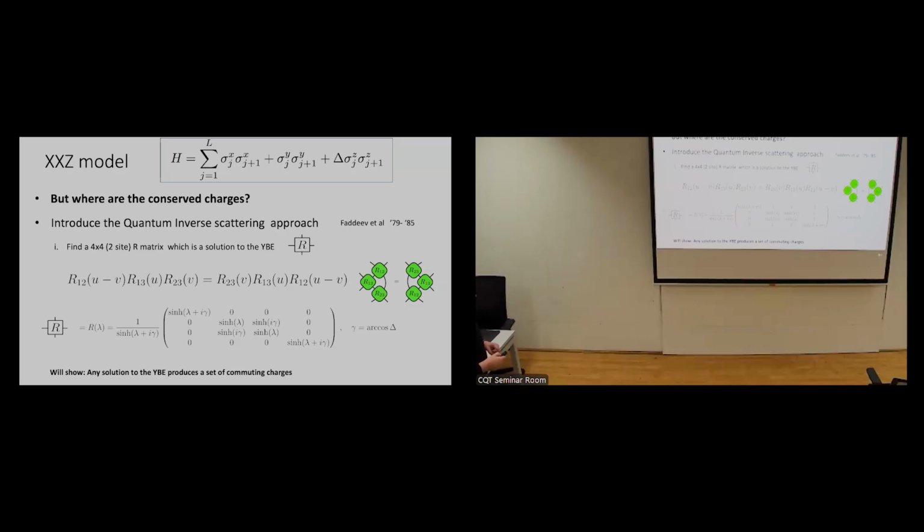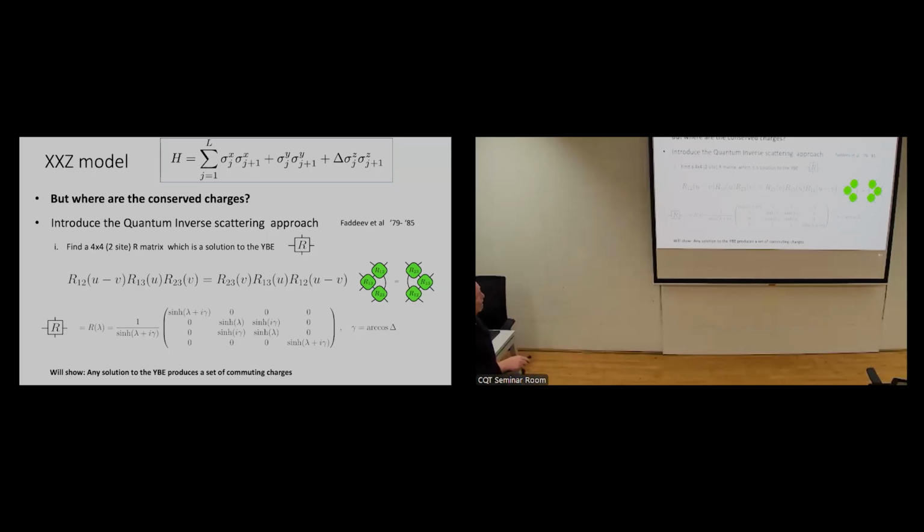This is a method called quantum inverse scattering. One starts with a 4x4 R matrix, which is a solution of the Yang-Baxter equation, which I've written down before. So I write now not S-matrix, but I call it R, just to be consistent with the literature. So R12(U minus V), R13, R23 must be equal to the product of these R matrices, product in a different order.